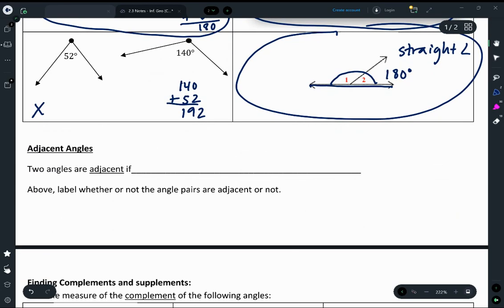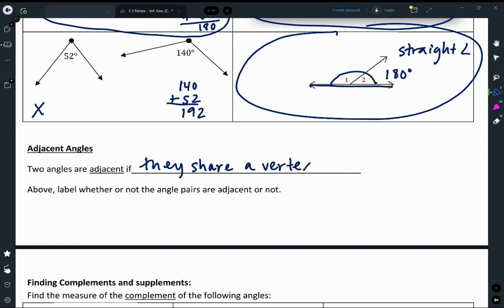So our last vocab word for the day is adjacent angles. So angles are adjacent if they share a vertex and side. So let's just draw a quick picture.